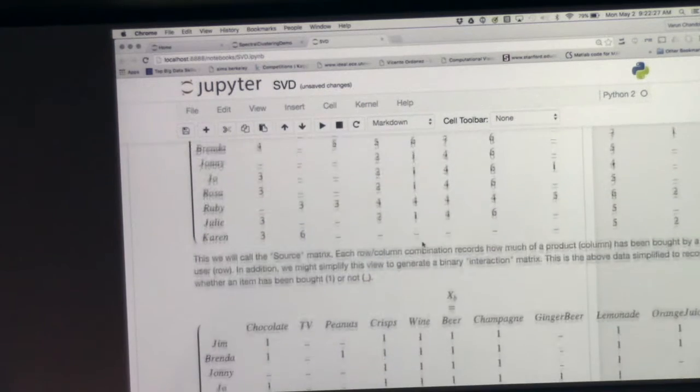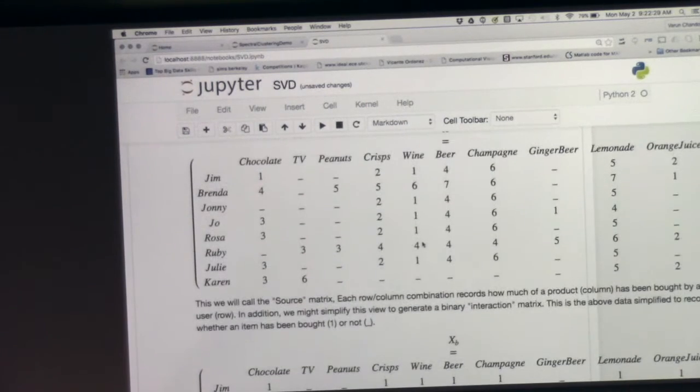So this is what you know about people. What you want to know is to fill out these missing values, right? So you want to find out, how much does Jim like TV? Or, I don't know what liking TV means, but how much does Jim like peanuts? And so on, right? So that is the problem of recommender systems.